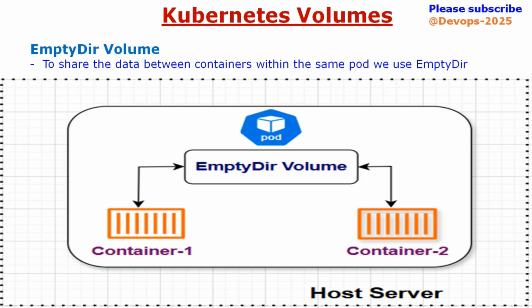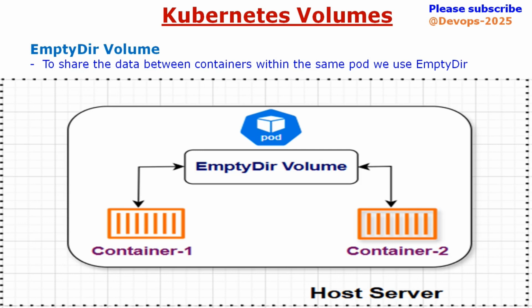You take this volume and mount it to some folder inside the container. Whatever you put in the first container with the help of the volume will be shareable to the second container, and whatever you put in the second container will be visible to the first container. You need to remember that EmptyDir is the volume you use if you want to share data between containers in the same pod.